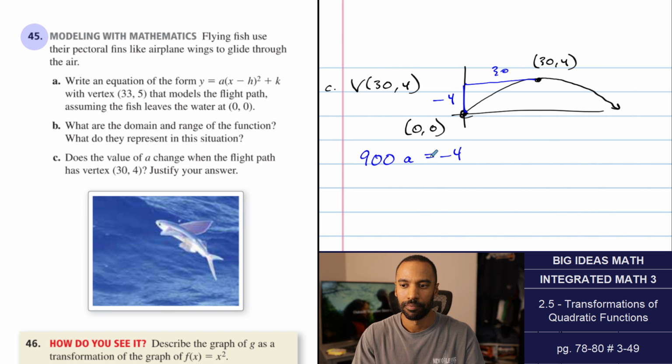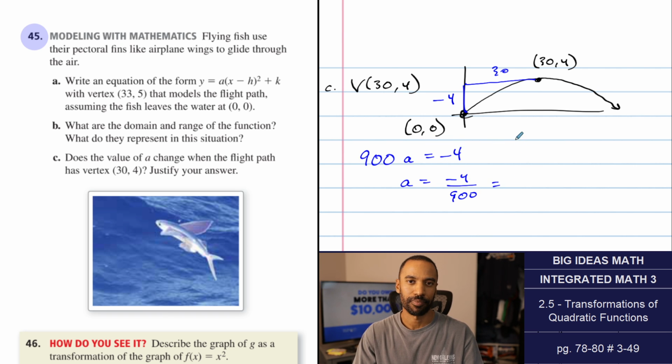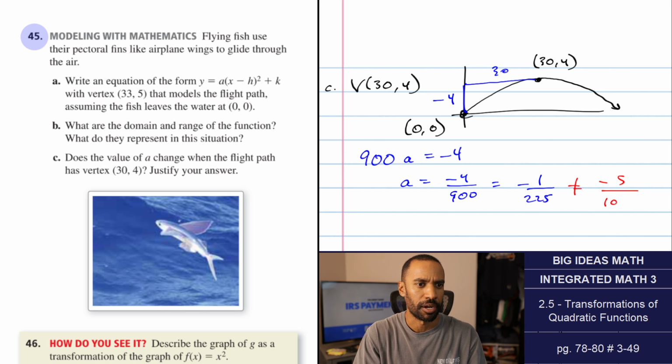Well, negative 4. So A is negative 4 over 900, right? Negative 4 over 30 squared. So that's a different number, right? Anyway, that reduces to negative 1 over 225, which is not the same as negative 5 over 1,089. I don't remember the number, 1,089.